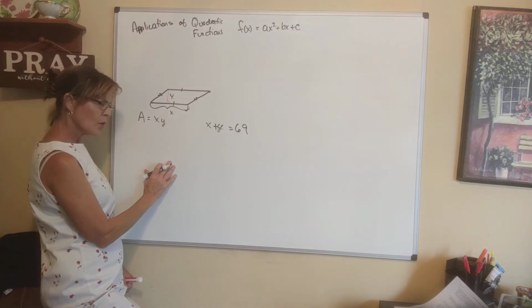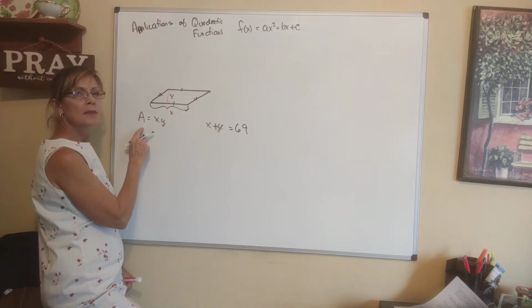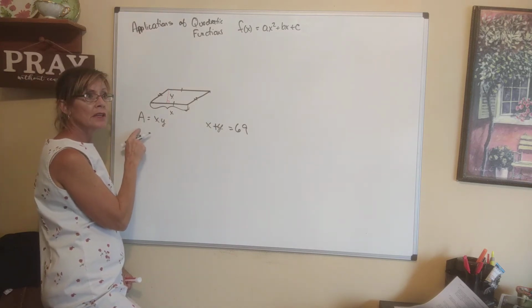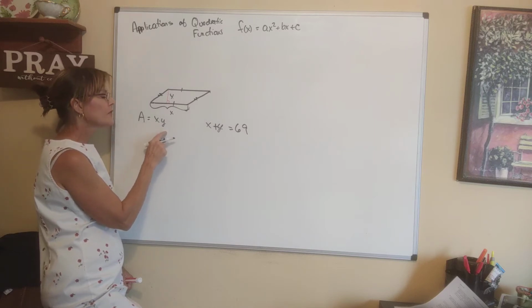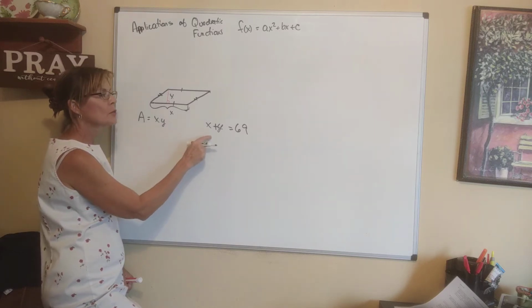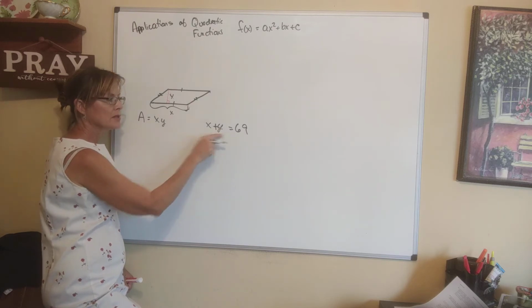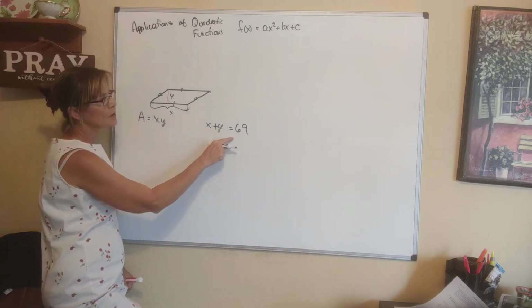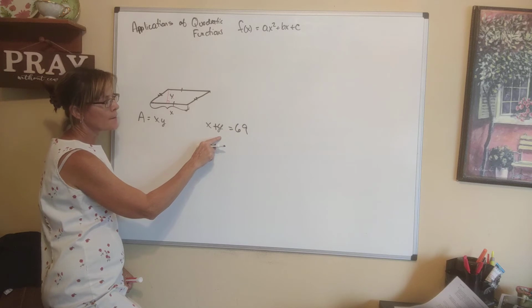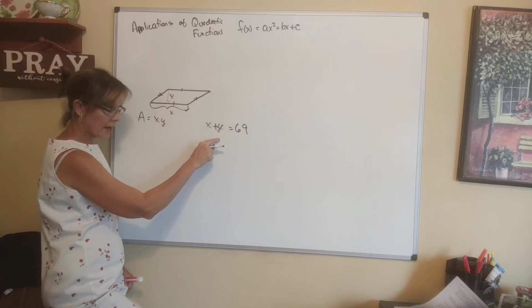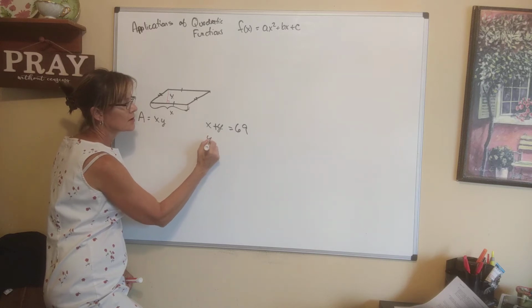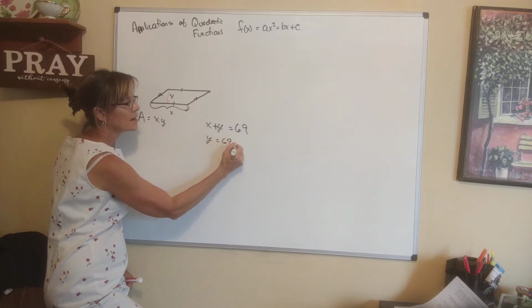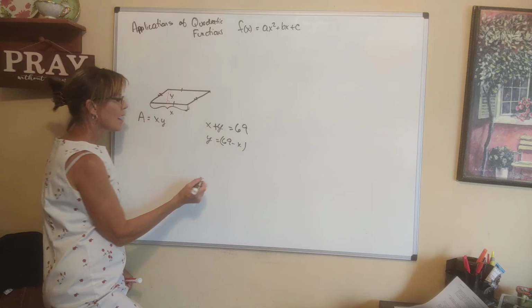So what can I do with this? Well, I want to maximize the area, so I definitely need this equation. But instead of working with two different variables, X and Y, I'm going to solve for one in terms of the other by using substitution. I'll solve for Y by subtracting X from both sides, and I get Y equals 69 minus X. Why is that helpful?